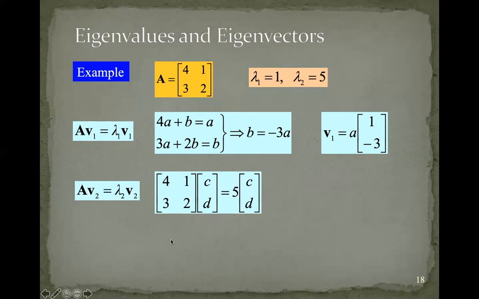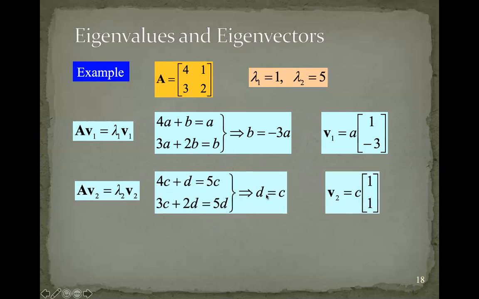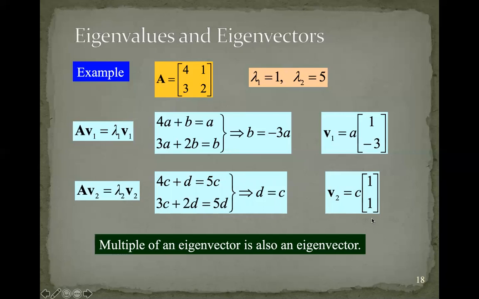Solving this system, we find that D equals C. So assuming C is a constant multiplied by the vector 1, 1, we know that the vector V2 could be a constant C multiplied by 1, 1. So in this case, we find that a multiple of an eigenvector is also an eigenvector.